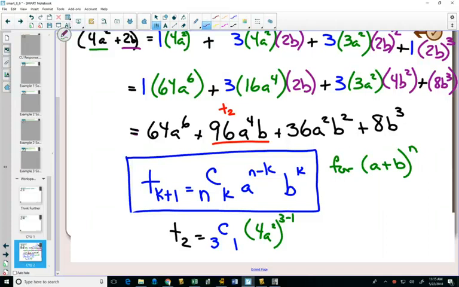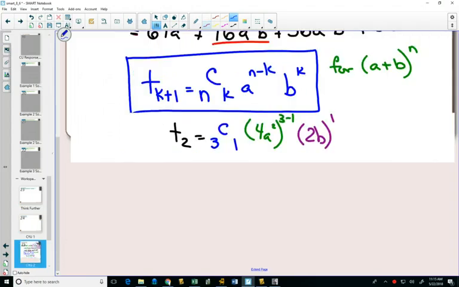And my b, which I did in purple before, I'll do in purple here as well, is 2b to the 1. Now 3 choose 1 is 3. Here we have 4a squared, 3 minus 1 would be squared, and here we have just 2b.